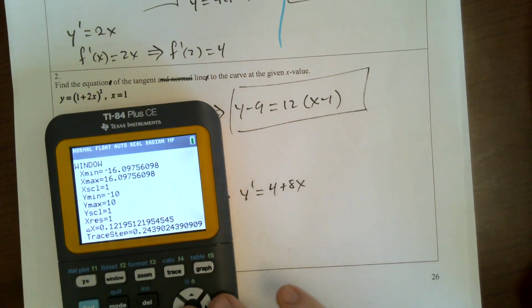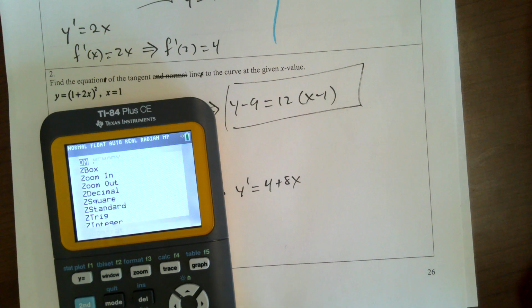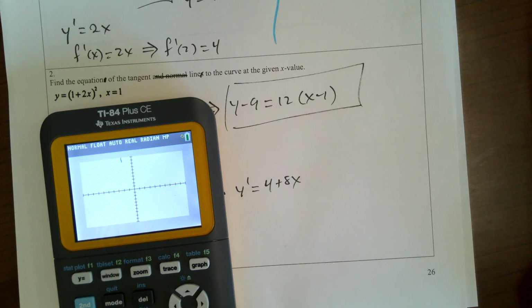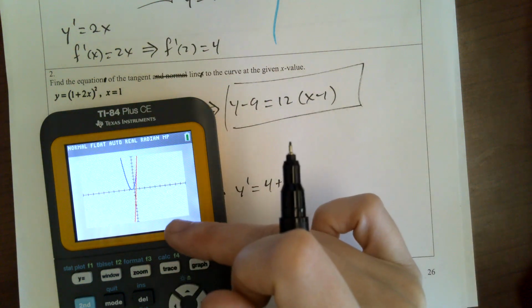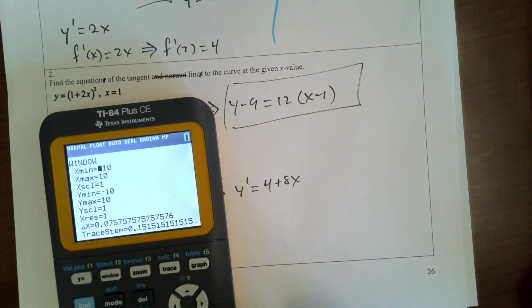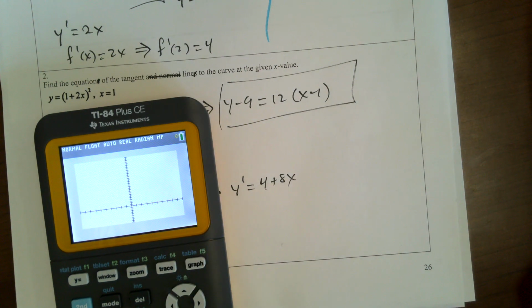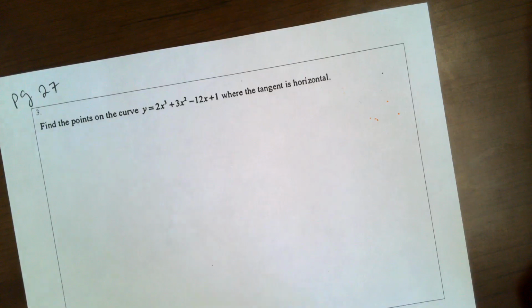You could all play around with the window too. Let me go zoom 6 and see if it looks a little bit better. Like a little bit more tangent. All right, that looks fine. But if you're not sure, like I'll put the y max to like 30 or something, just to make sure it doesn't intersect. Okay, that looks even better. Very nice. Okay, one more, guys, I'm sorry.